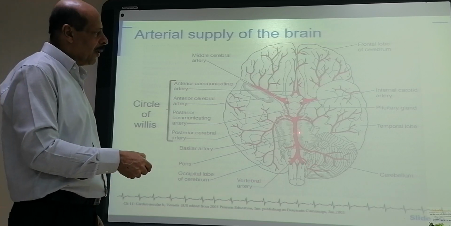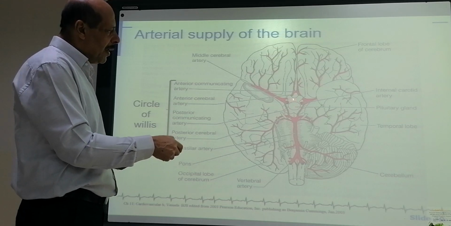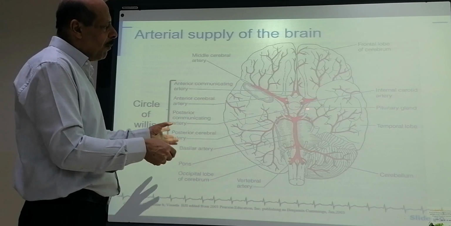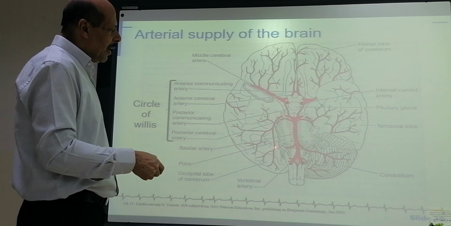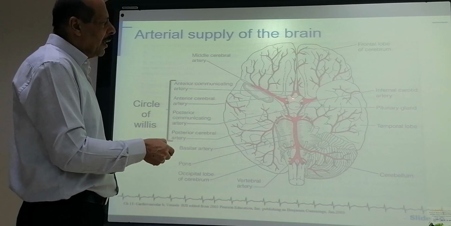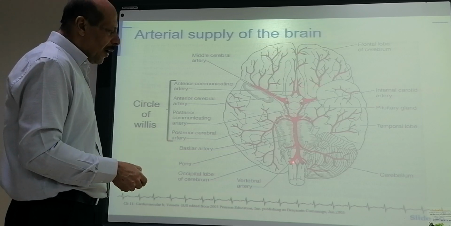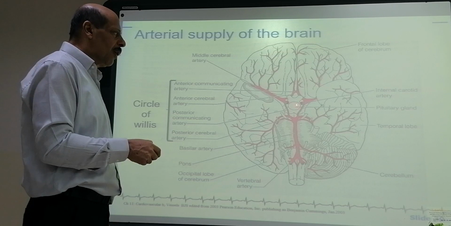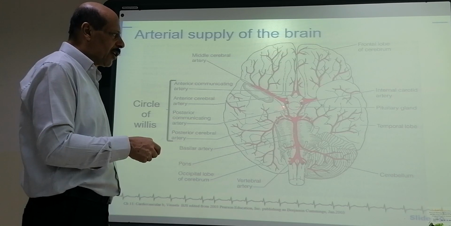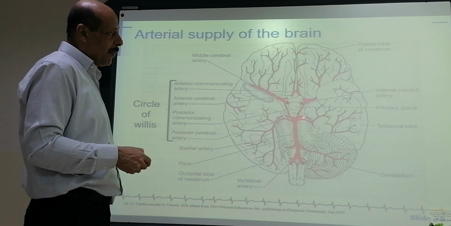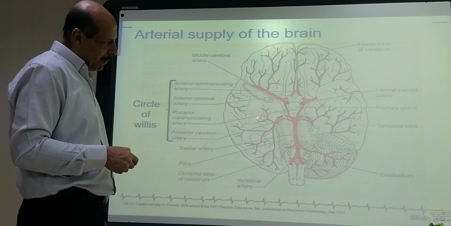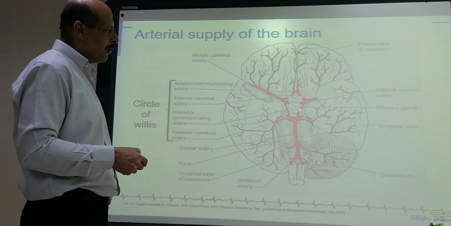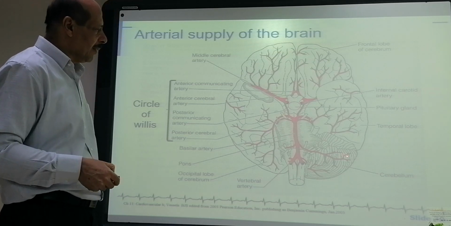They are joining together to form a circle, and from that circle the blood supply to the whole brain is coming. So if there is any delay or any problem with any of those four major blood vessels, the blood will go from the others toward the brain cells.